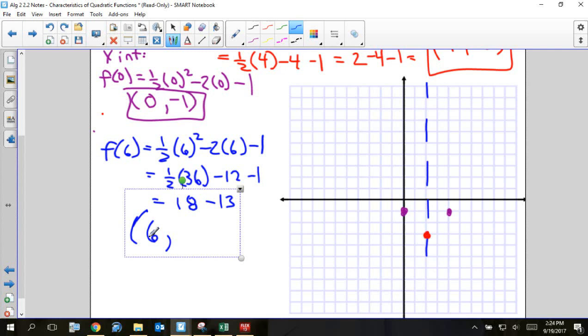Timothy, what do we get? I'm just doing 18 minus 13. Right, so I plugged in 6, and when I simplified everything, I got 5 out, so that's my ordered pair 6, 5. So I'm going to plot it, 6, 5. And then there is a mirror point to 6, 5 over here.